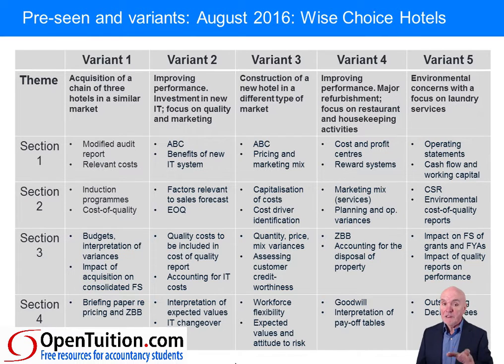And then going down the side of the page, we have a list of the sections for each variant. And you see here there is an absolutely huge variety of topics or subjects covered in the case study.